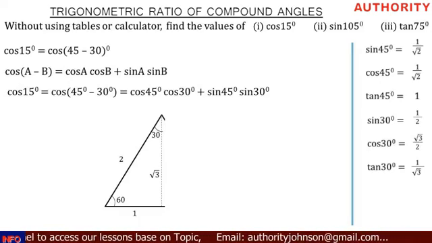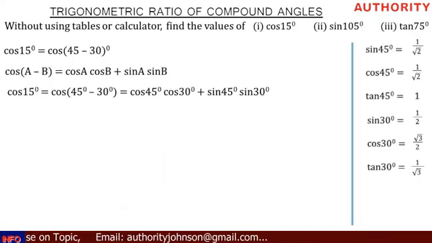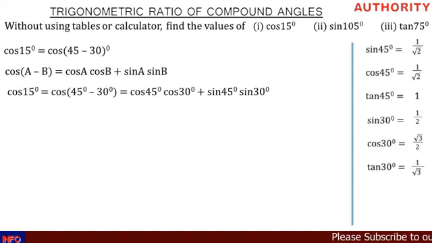Then when we say sine 30 degrees, we're going to have 1 all over 2. Okay? So in this place that we're having cos 45 degrees times cos 30 degrees plus sine 45 degrees times sine 30 degrees, we have found our values for cos 45 degrees, sine 45 degrees, sine 30 degrees, and then cos 30 degrees.